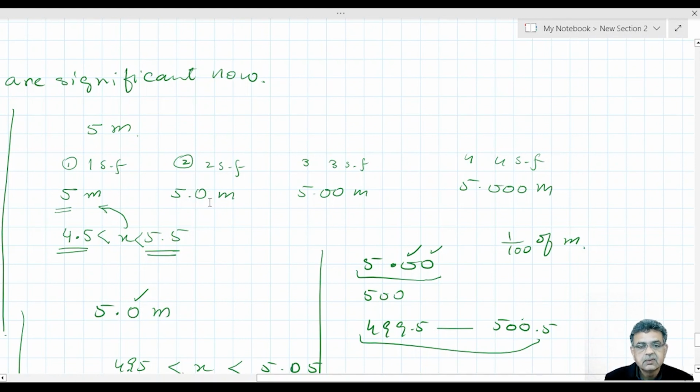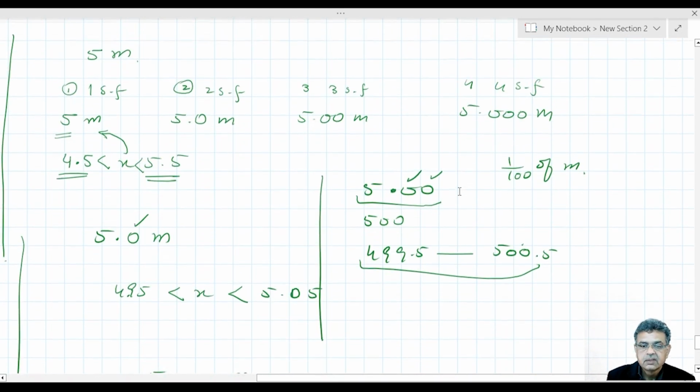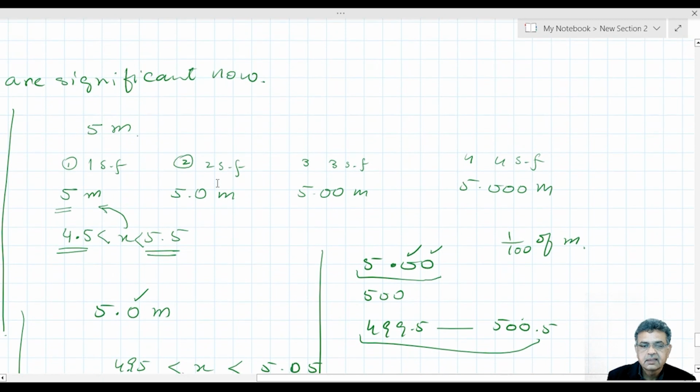If there is 1 zero, its precision is correct to 10%. If it is 2 zeros, 1/100 of the value. If it is 3 zeros, then its precision is 1/1000 of the value. So these trailing zeros in the case of decimals actually change the precision.